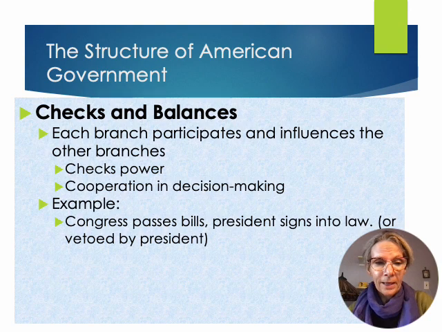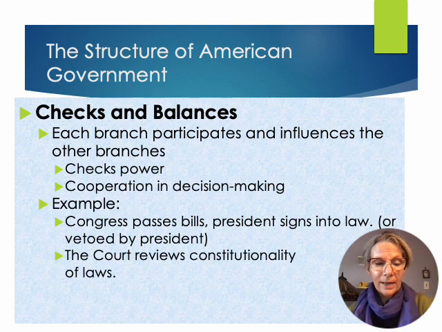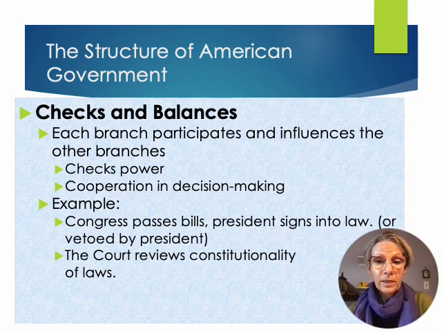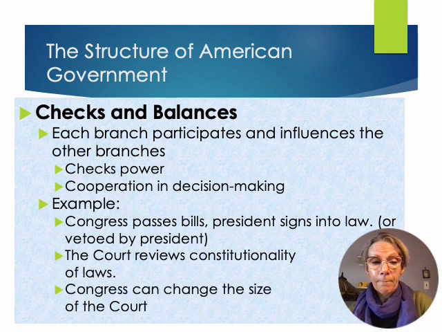So, the examples that I just gave: Congress passes a bill, the president signs it into law, or it can be vetoed, and that veto can be overridden. The court reviews the constitutionality of law, which is a huge oversight, okay? And Congress can even change the size of the court if they feel like the court is too partisan or too biased, right?